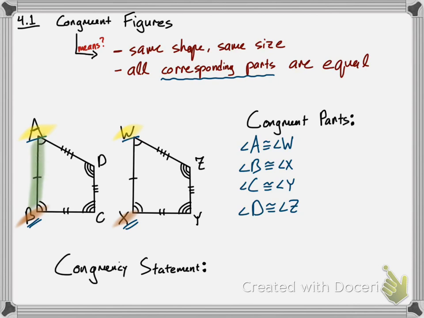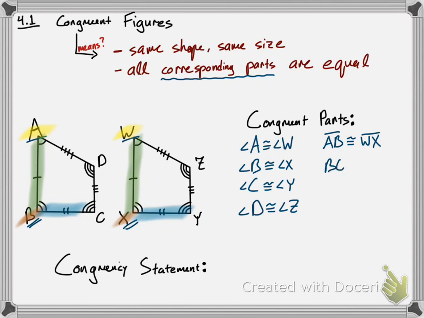So our first side, we'll call this AB, and WX, they both have the same tick mark. So we're going to state AB is congruent to WX. And very similar to the angles, we're just going to go around our shape and find those matching tick marks.